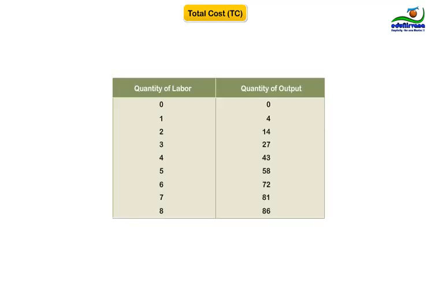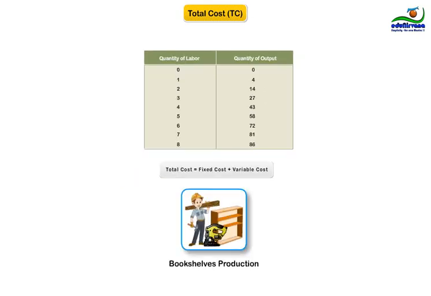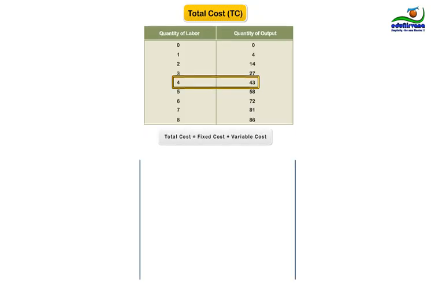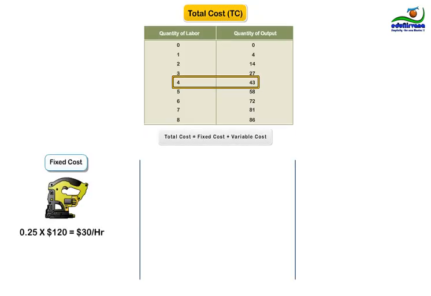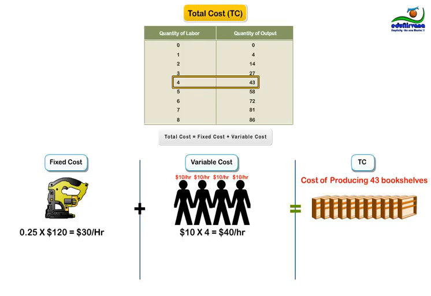Let us now find the total cost, TC. Total cost is nothing but the sum of FC and VC. If we wish to produce 43 bookshelves per hour, the total cost of doing so will be $30 per hour plus $10 per person hour multiplied by 4 person hours per hour, equal to $70 per hour.